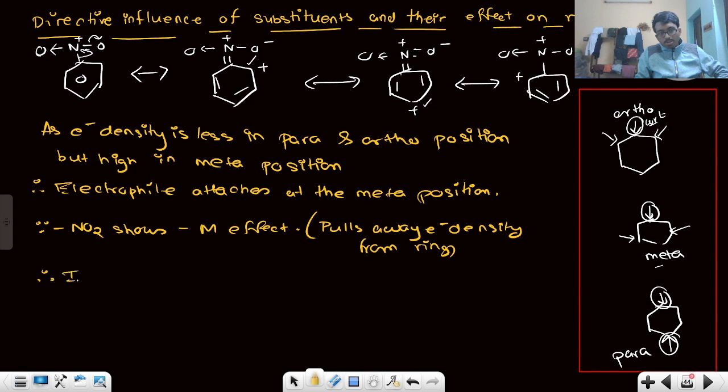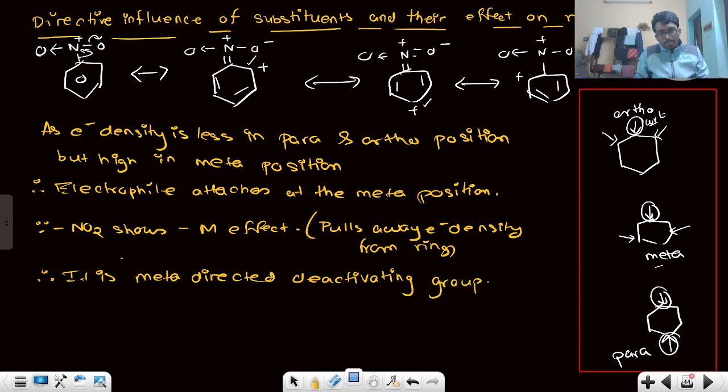Therefore it is deactivating group. Therefore it is meta directed deactivating group. Meta directed deactivating group. This line is very, very important.